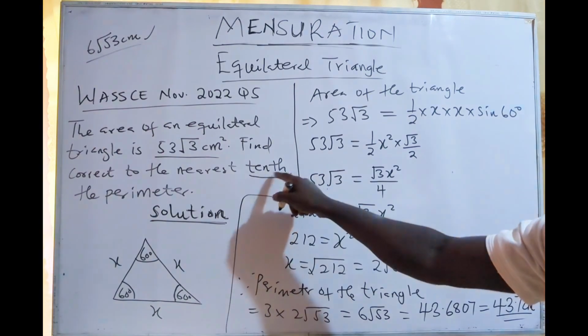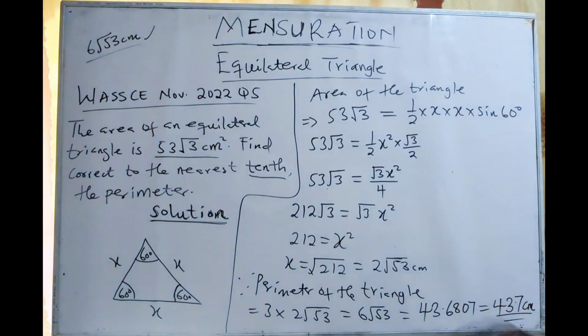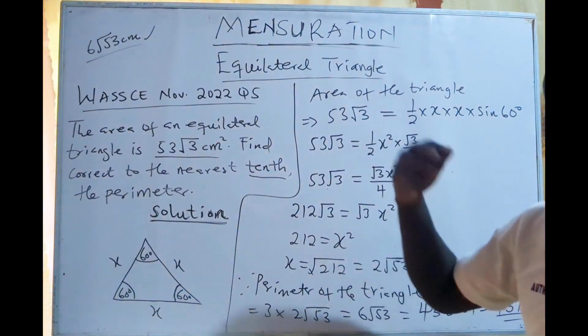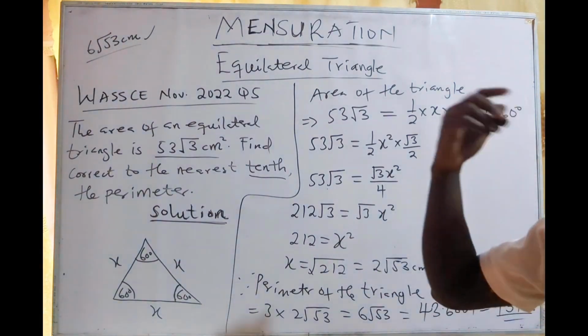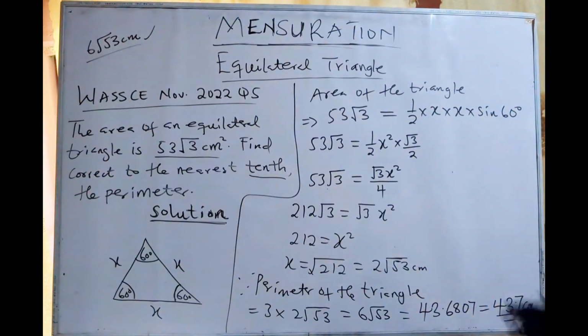Take note, tenth is 1 decimal place, hundredths is 2 decimal places, thousandths is 3 decimal places, ten-thousandths is 4 decimal places. So I think this approach is so simple, and I believe you have understood.